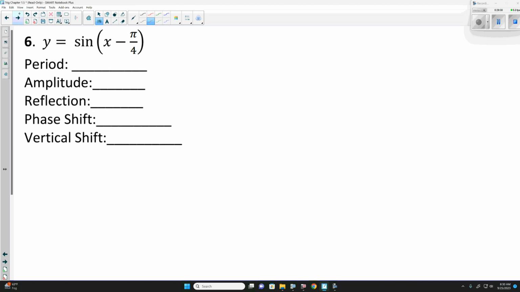Y equals sine of x minus pi over 4. There's no reflection, none. What else can we say? Is there a vertical shift? No, so we can say none. Now there is a phase shift.